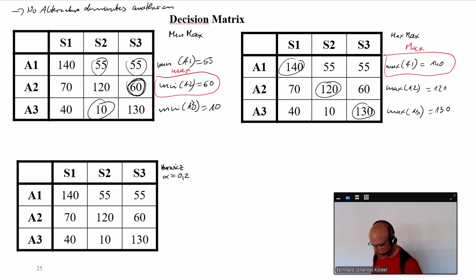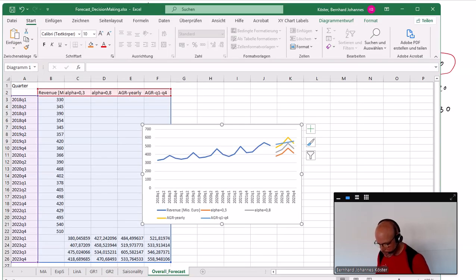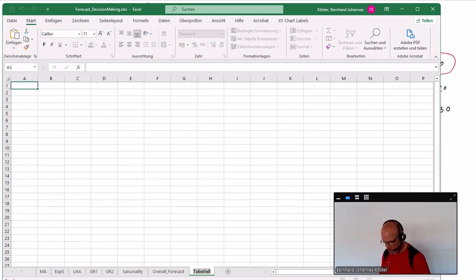So in this case, I'm again a guy who always uses this one, Hurwitz.